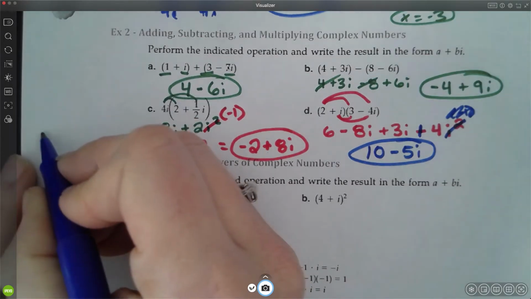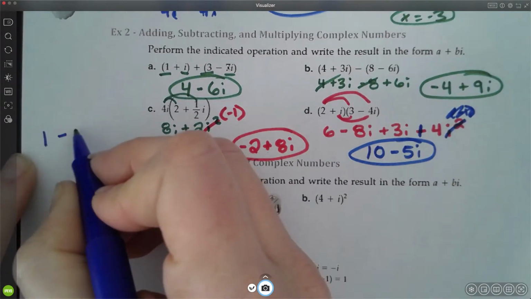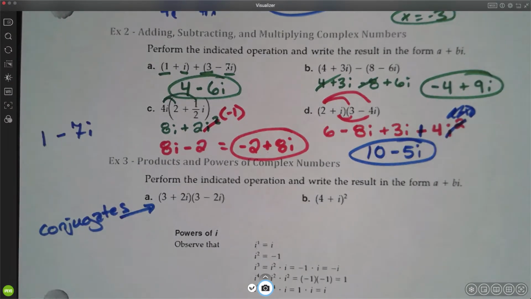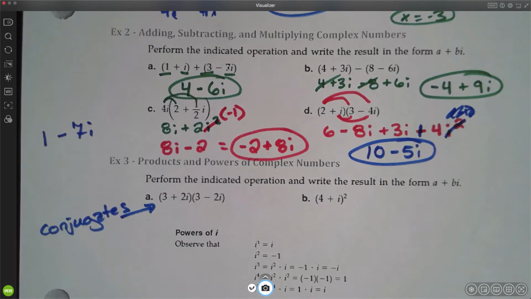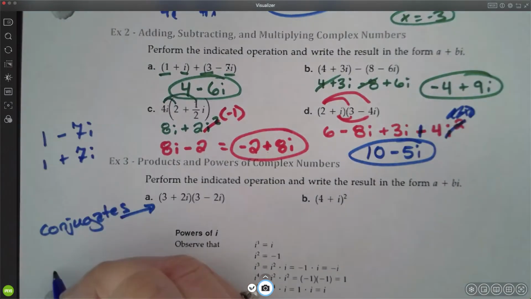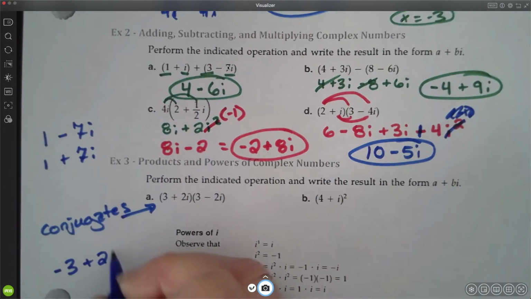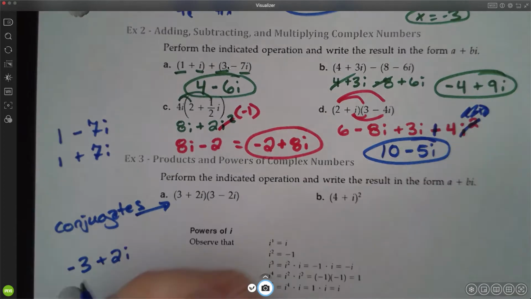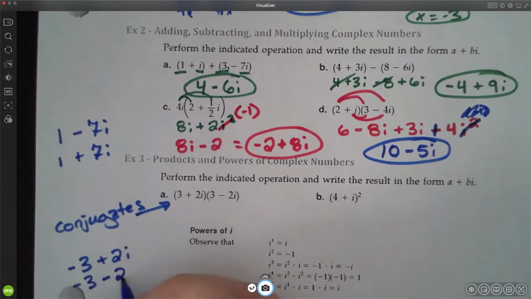So if you had like 1 minus 7i, what would be the conjugate of 1 minus 7i? 1 plus 7i. What would be the conjugate of -3 plus 2i? It's -3 minus 2i. You only change the sign of the one that's in front of the i.